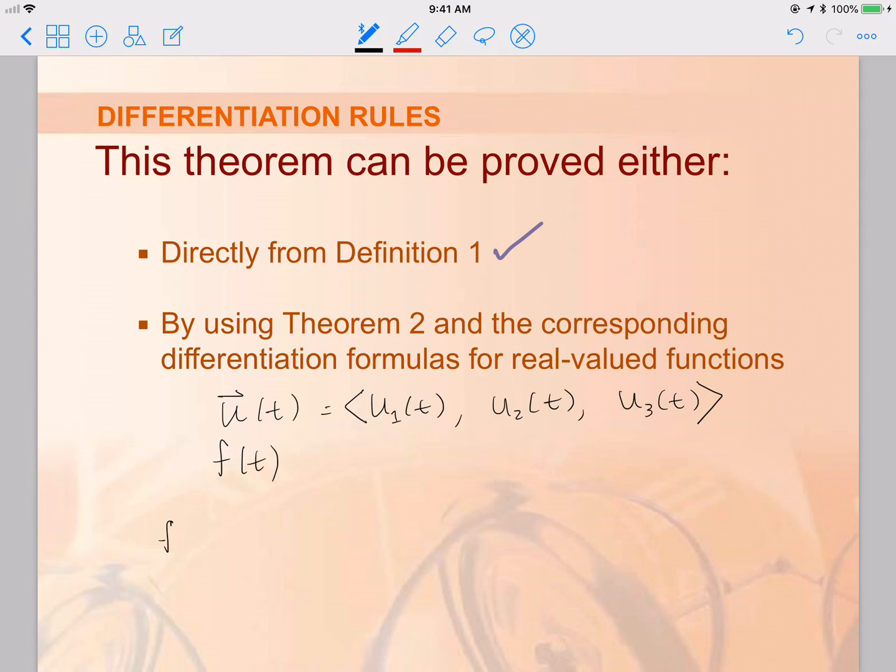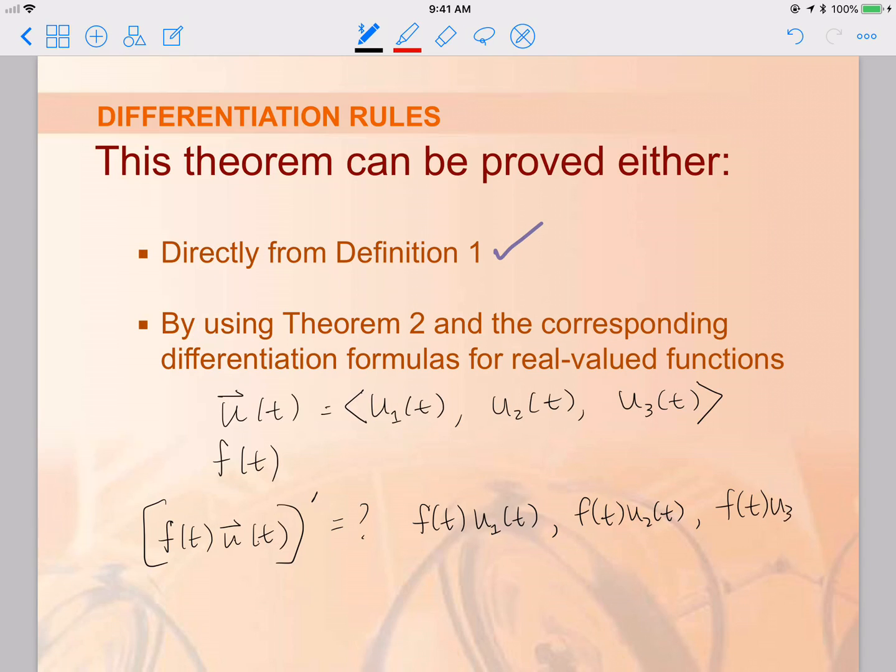And we want to know what is the derivative of f of t times u of t. Well, the first thing we can do is we know that multiplying f of t times u of t is going to happen component-wise. So we've got f of t u1 of t, f of t u2 of t, f of t u3 of t. Okay, so we're looking for the derivative.